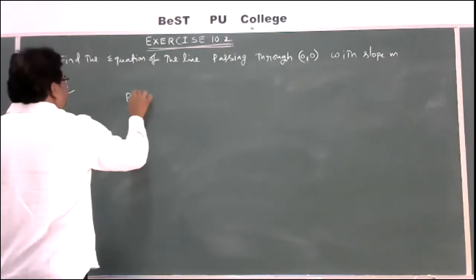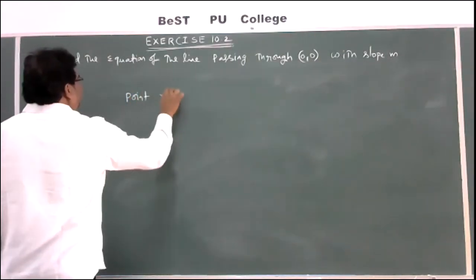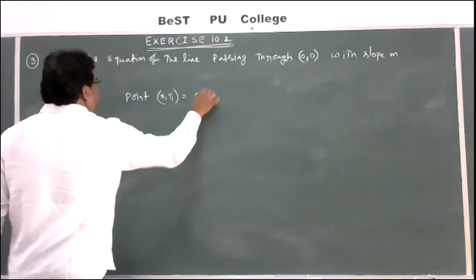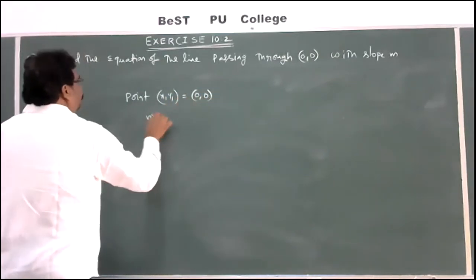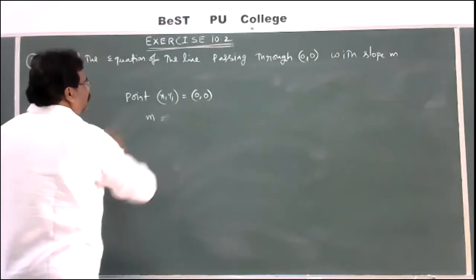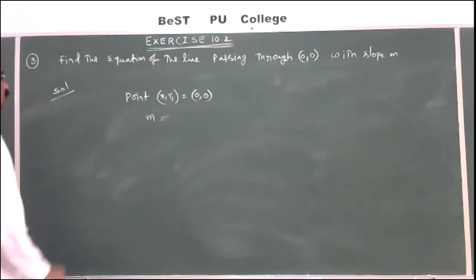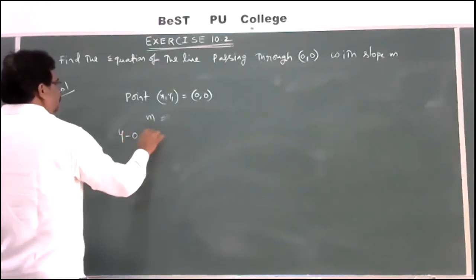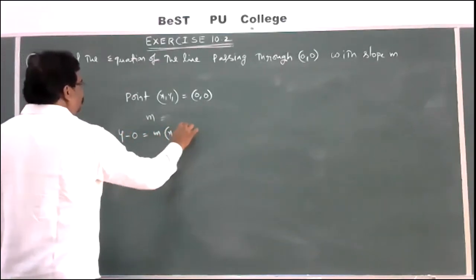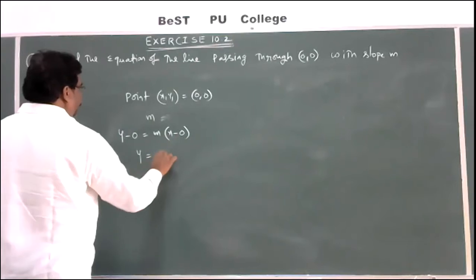So the point x1, y1 is given as 0 comma 0, and the slope m is given. So y minus 0 is equal to m into x minus 0, that is y is equal to mx.